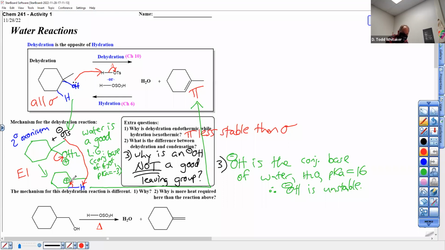So what do we do in the next one? We start the same. What kind of alcohol is this one on the bottom of the screen? Primary. So our first example was a tertiary alcohol. Our next one is a primary alcohol. They both start the same. And you're going to remind me what was the purpose of this step? Why did I have to do this step?